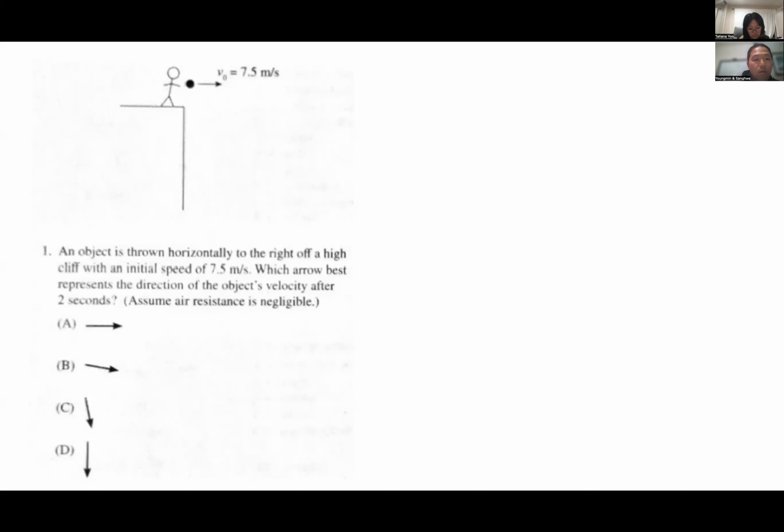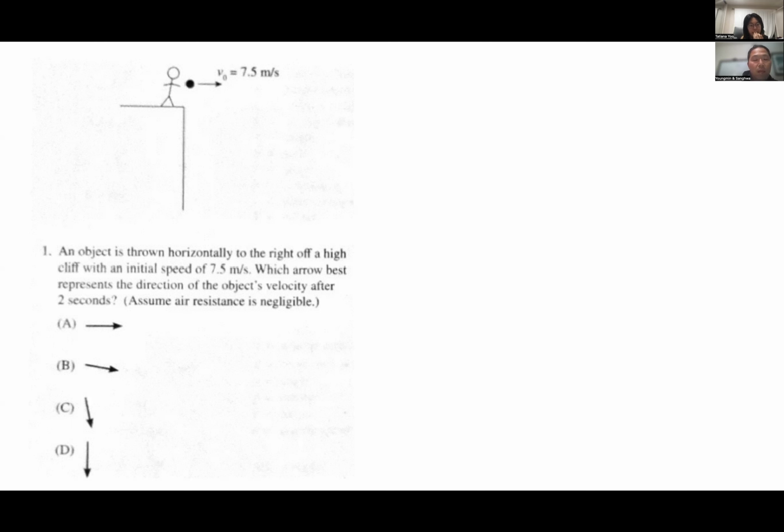An object is thrown horizontally to the right of a high cliff with an initial speed of 7.5 meters per second. Which arrow best represents the direction of the object's velocity after 2 seconds? Assume air resistance is negligible.